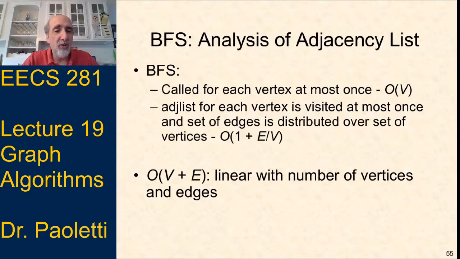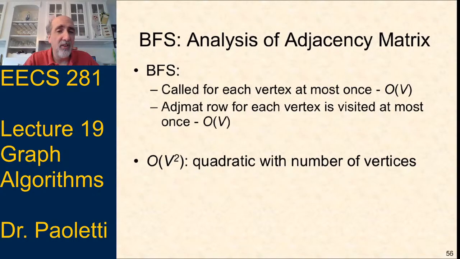So we're going to do this for each vertex at most once, and once we take it out, we have to visit its entire adjacency list, which is 1 plus E over V. So the total algorithm would be V times 1 plus E over V, which is O of V plus E, the same complexity as DFS.